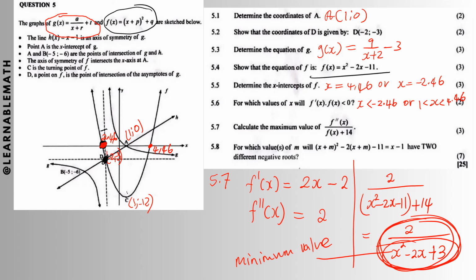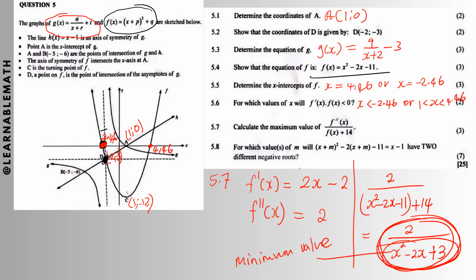A fraction is very big when it's divided by the smallest number, because if you are dividing by a bigger number, you are reducing the answer of that fraction. So for this to be maximum, the trickiness is that you have to find the minimum of the denominator, so that you divide by the smallest value and the overall answer becomes largest. So that's the trick really.